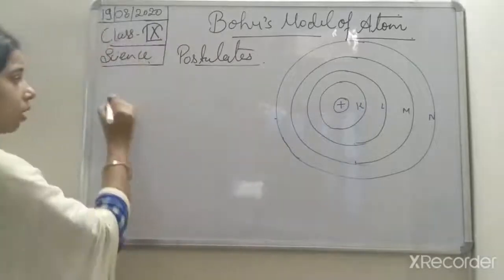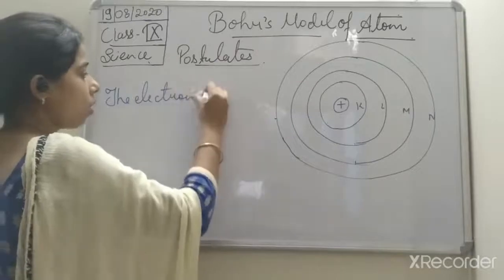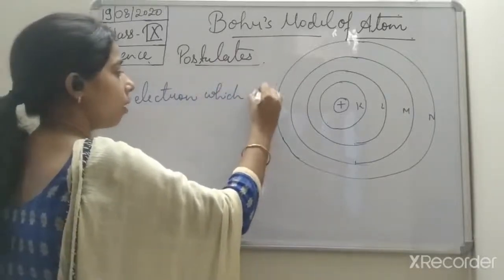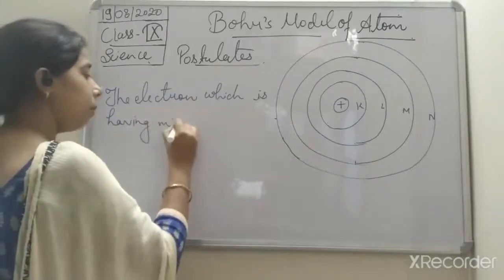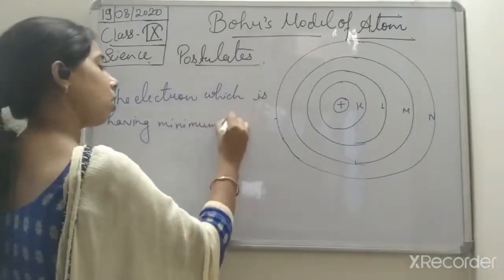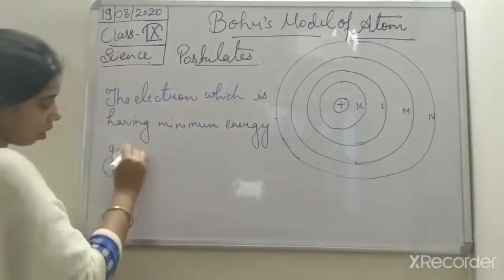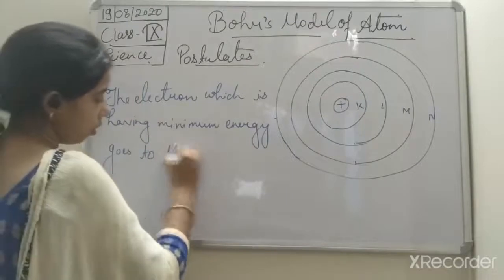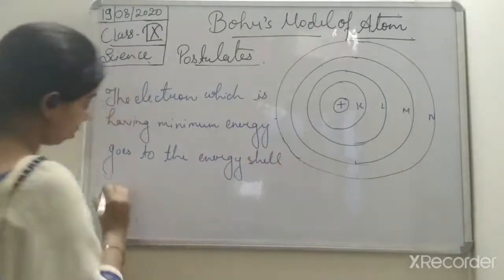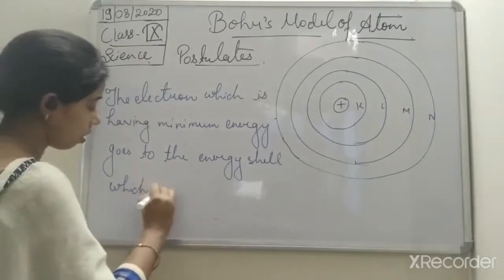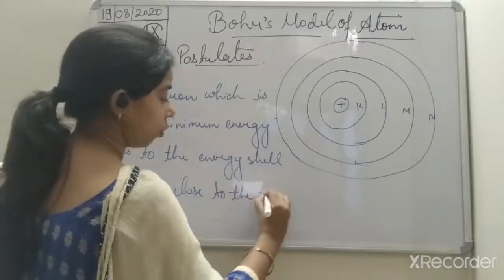So we can also say the electron which is having minimum energy goes to the energy shell which is close to the nucleus.